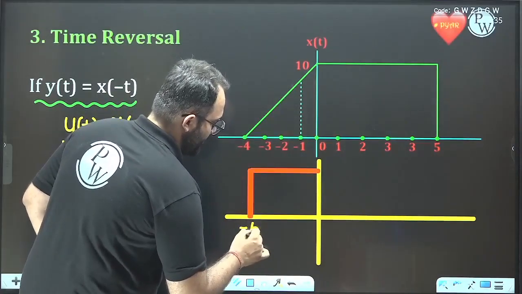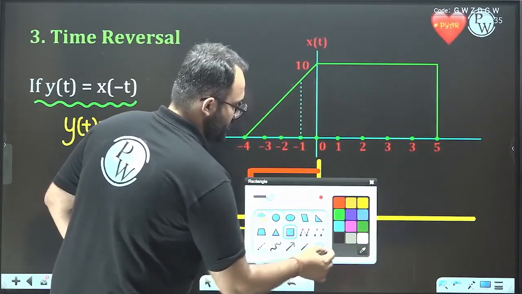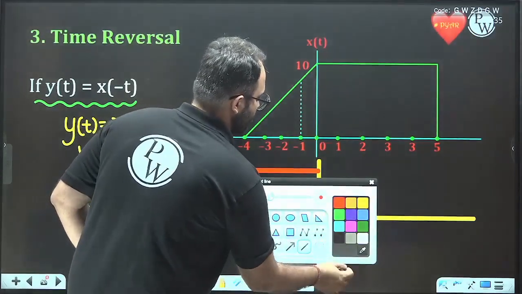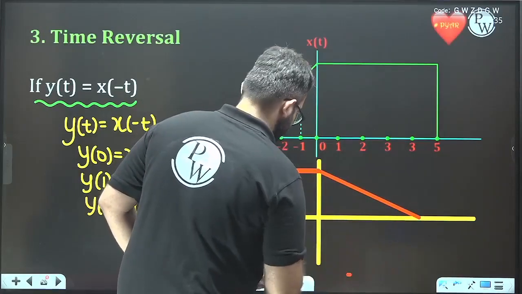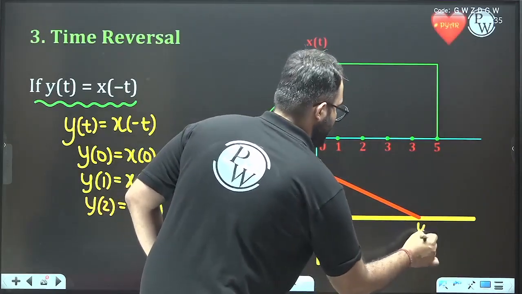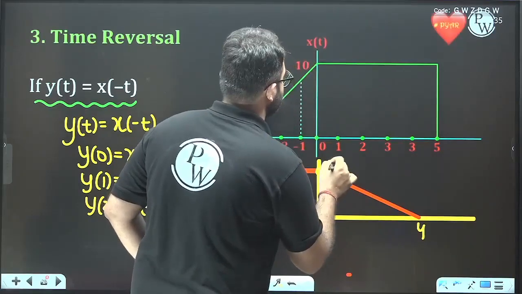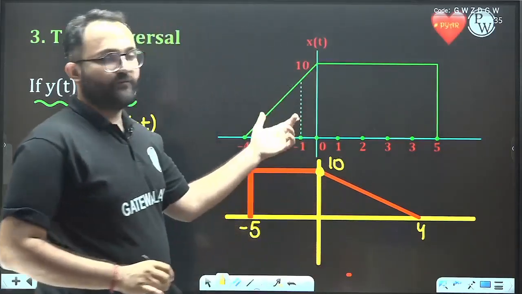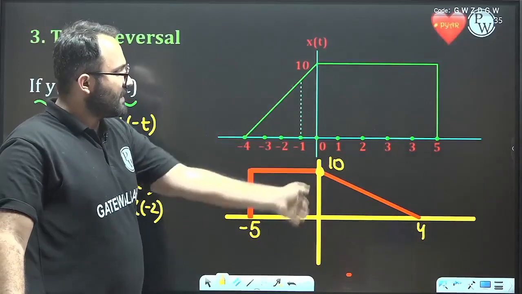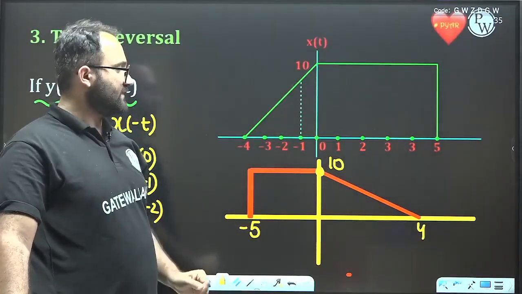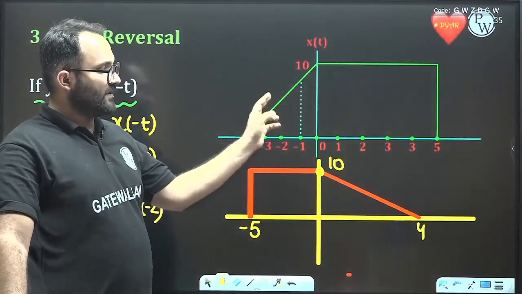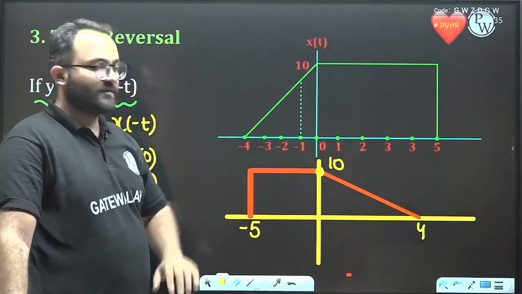This is -5 and this is 4. The height remains the same, that is, the height is 10. So we simply flip it, or take the mirror image with respect to the vertical axis. This is what the figure is.